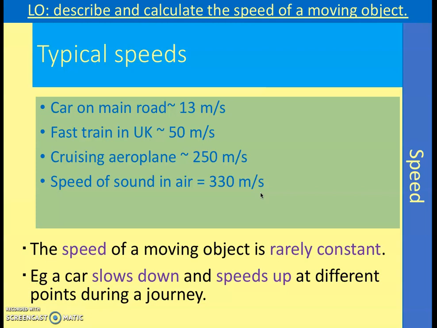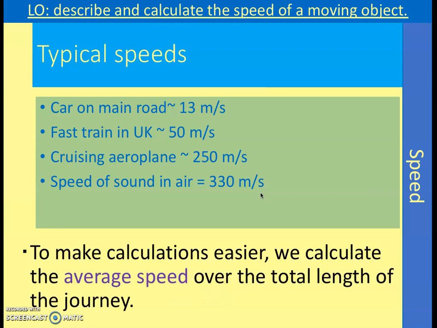So when we are talking about speed, we are usually talking about the average speed that the object has done during that journey. So to make it easier, for our calculations, we just do average speed, although we know in reality that would not be realistic.